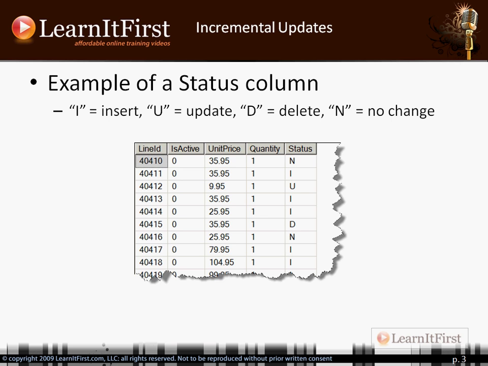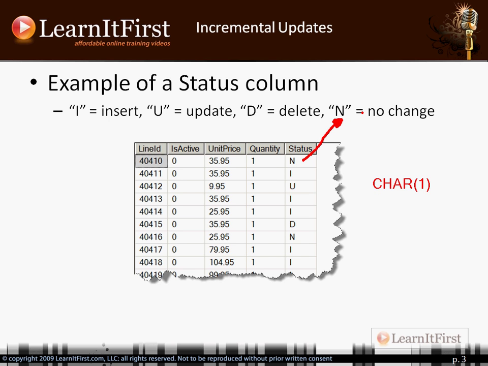You can see that it's just a map. This status column's definition is just a CHAR(1). So you could see an N would map to the fact that there's no change.